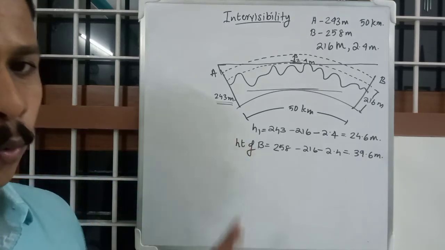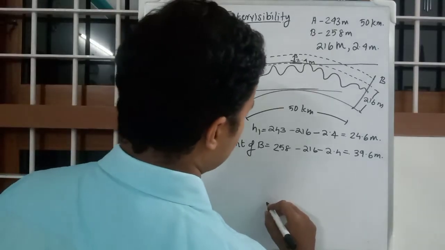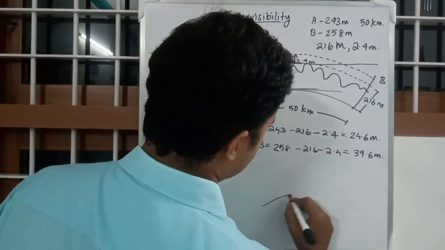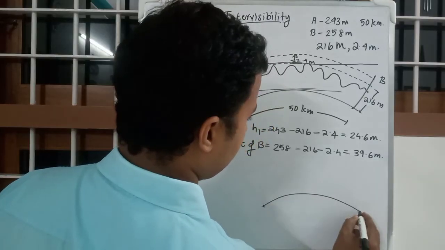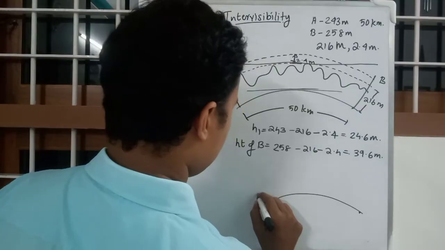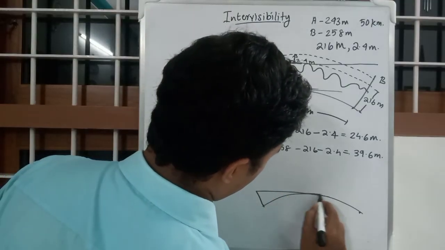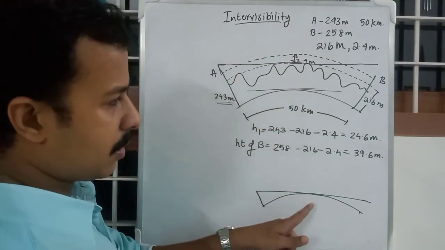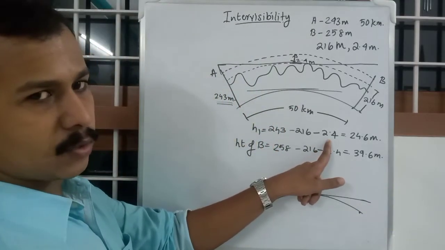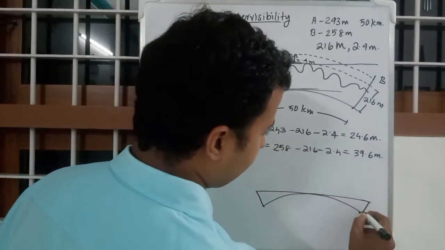Now we are going to draw a similar diagram using these values as we did in the last problem. So this is A and this is B. In this we can graze the surface because we have cut out the offset 2.4 meters, so we don't need to look into that detail now.